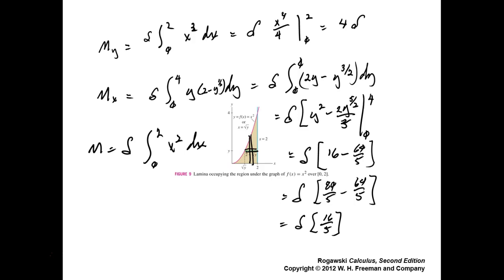It's the length times the width. The width is dx, and the height is x squared. Right? That curve, the y there is x squared. Y is equal to f of x. What's that? That's your width.